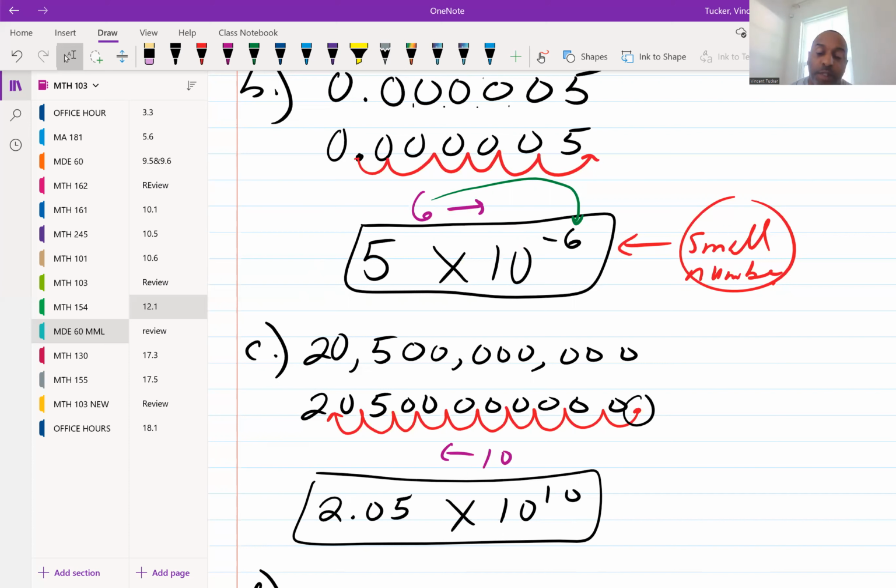You take your decimal and move it 10 to the left to create that number that's in between 1 and 10. So it'd be 2.05. That gave us 10 to the left, so that'd be 10 to the 10th power.